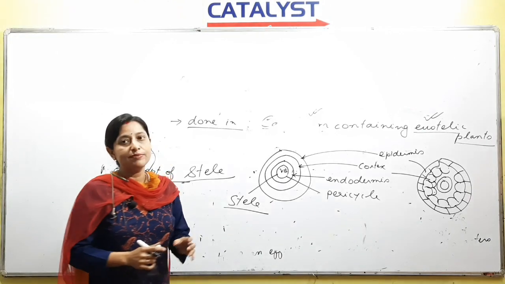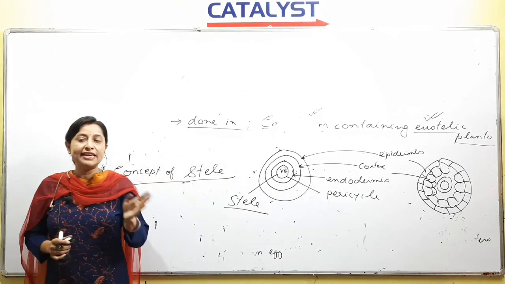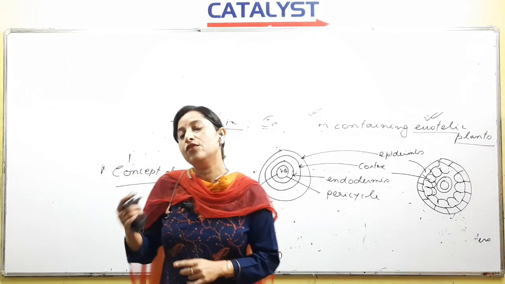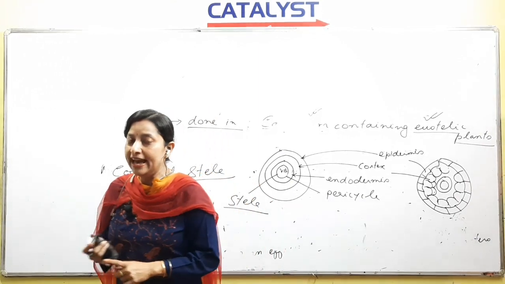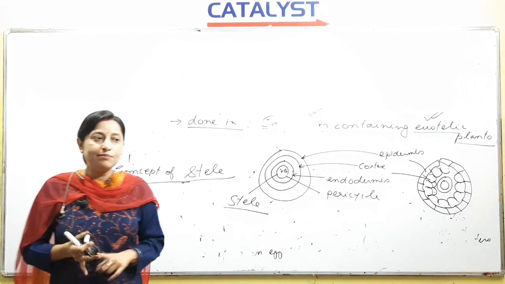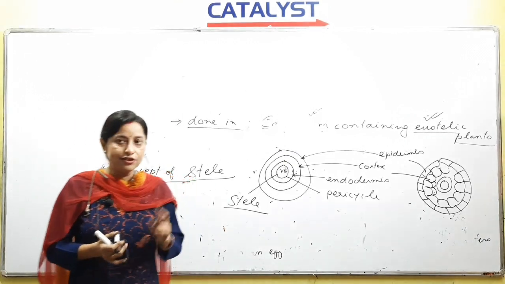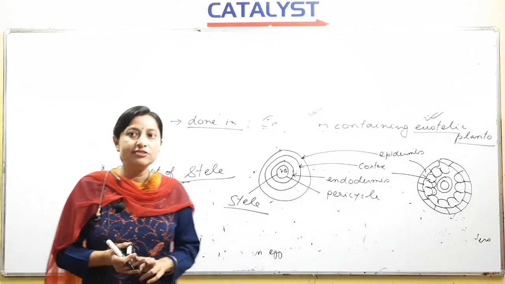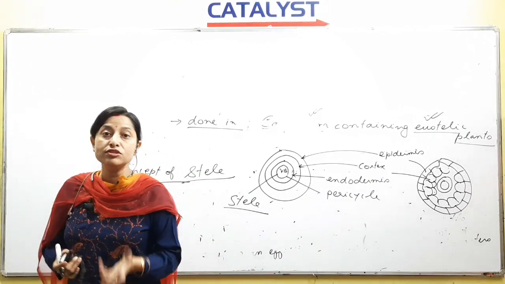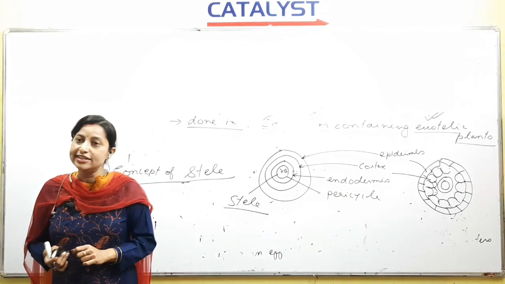Bryophytes also come in. Gradually, as we have seen in the plant kingdom, plants have become highly evolved. First we have the algae, after algae the slightly more advanced bryophytes, after bryophytes pteridophytes, then gymnosperms, and the most advanced group is obviously angiosperms.